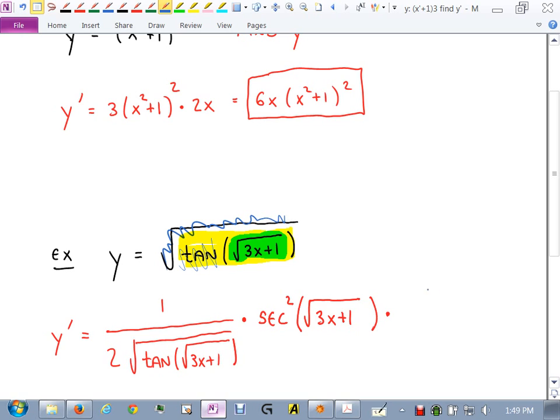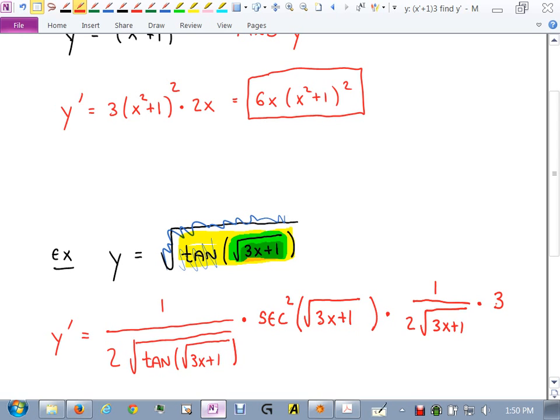So 1 over 2 square roots of the remote. What was the remote? 3x plus 1. So that remote was just the 3x plus 1 right there. Times, we finally made it to the linear function. The derivative of 3x plus 1 is 3. Done.